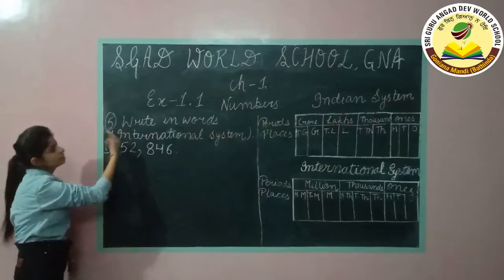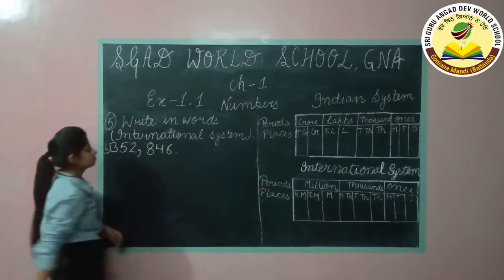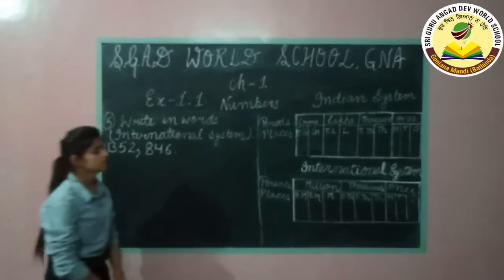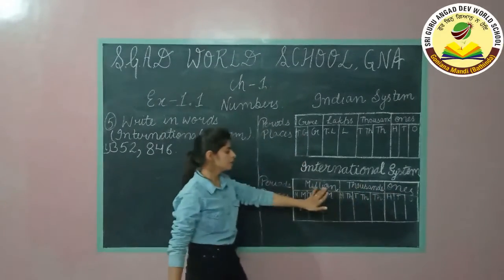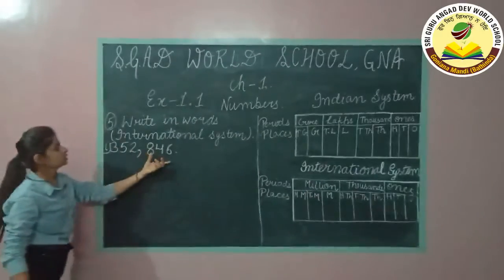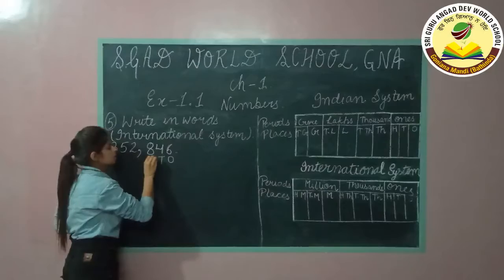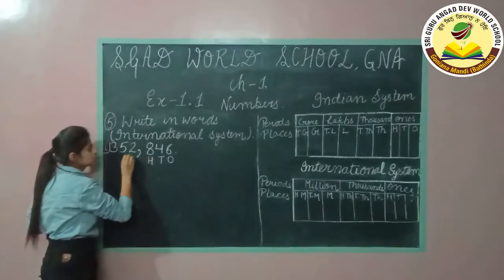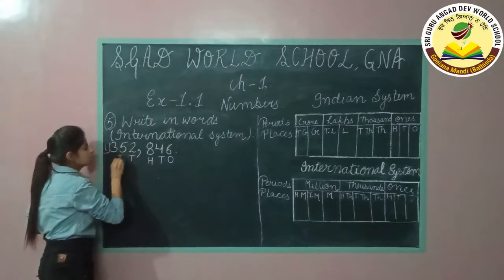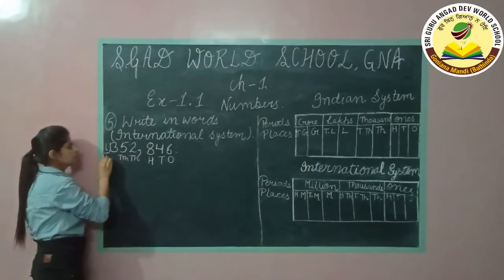In the sixth question: write in figures according to the international system. According to the international system, there are the periods: ones period, thousand period and million period. In the ones period, the digits are ones, tens, hundred. In the thousand period, there are thousand, 10,000 and 100,000.